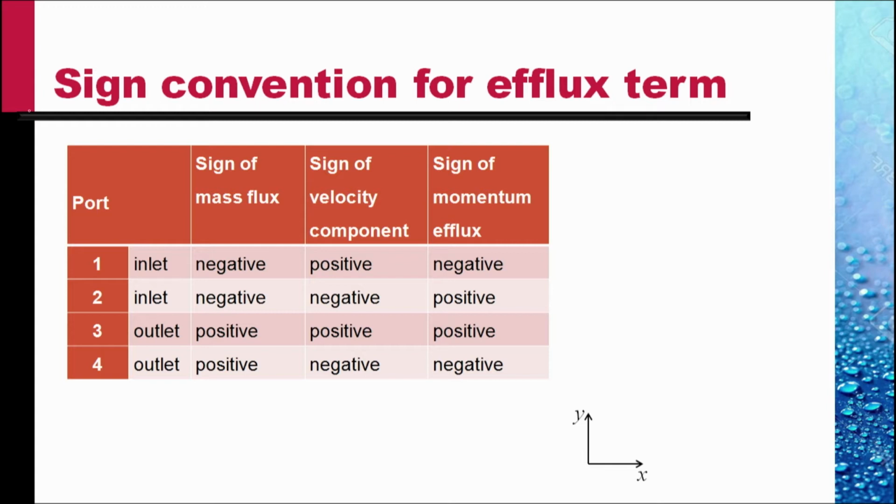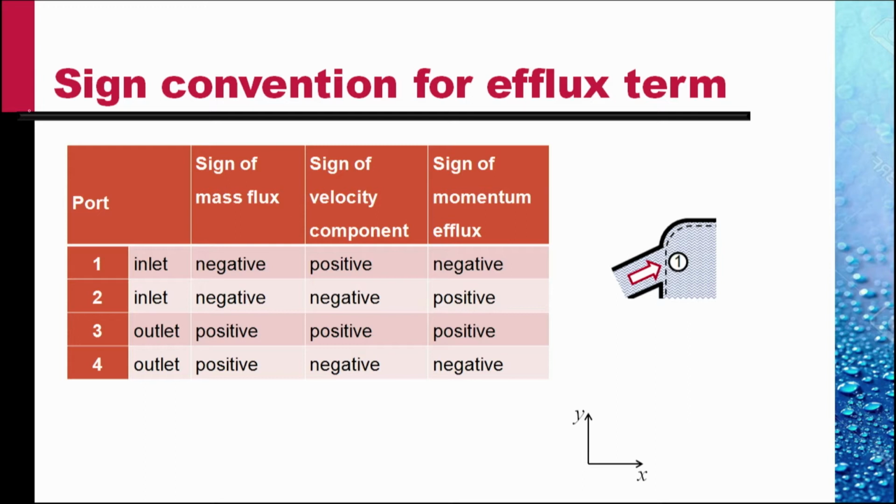As was said before, at the inlet the sign of the mass flux is negative in this picture that we have shown, because the area vector is outwards, towards the left and down, and the velocity vector is towards the right and up. So the velocity vector is positive in the x and y components, whereas the area vector is downwards.